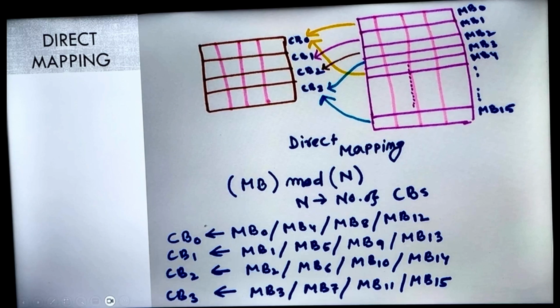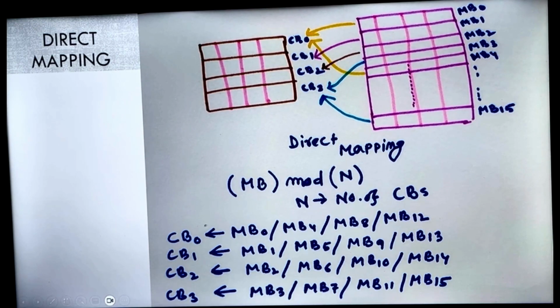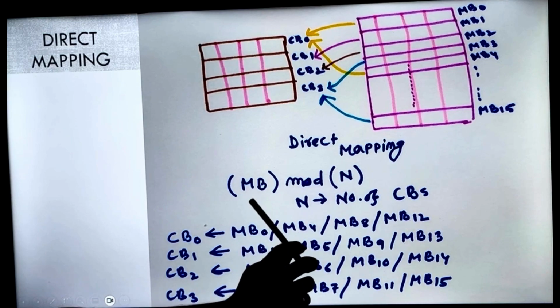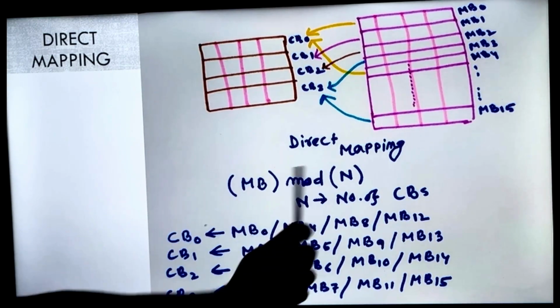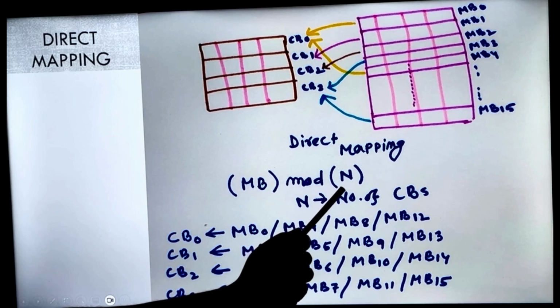So in those dedicated spaces only you can store the data, not everywhere. How can you determine the cache block where to store? By using this simple formula: memory block number, whatever it is, mod the number of cache blocks.